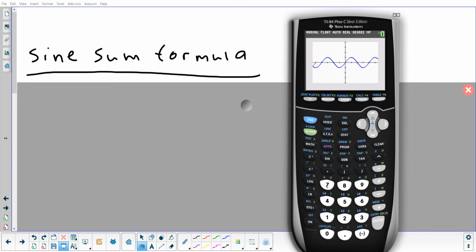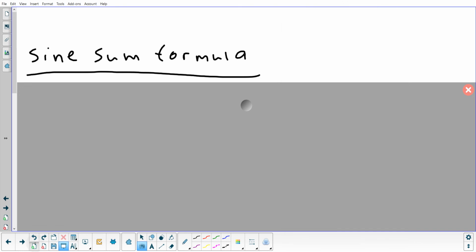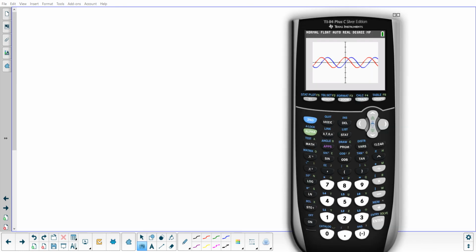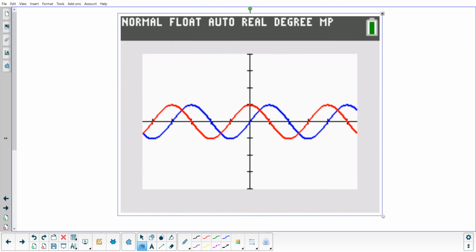Anyone explain to me what the difference is between those two graphs? Looking for just kind of a description, and then I want to translate that description into something that I can actually write down as an equation. Yeah? They're shifted over. Okay, they are horizontal shifts of each other. Now the question is exactly how much of a horizontal shift.